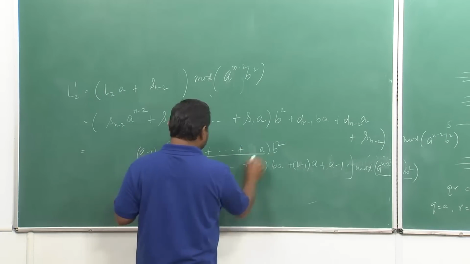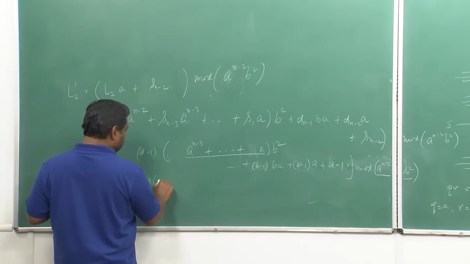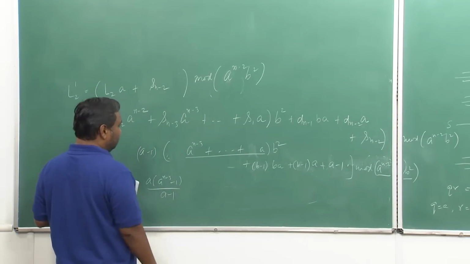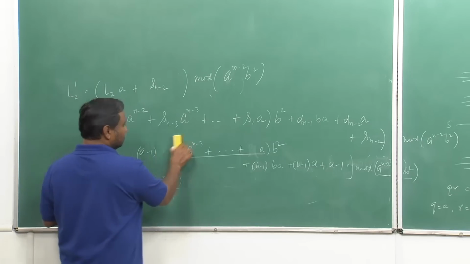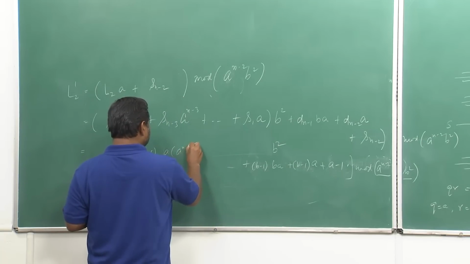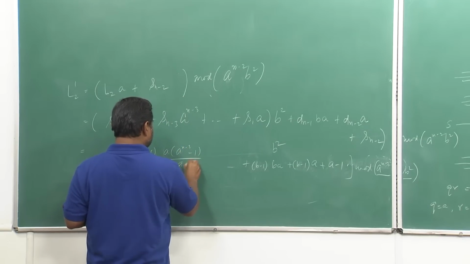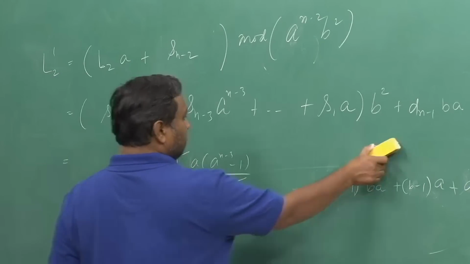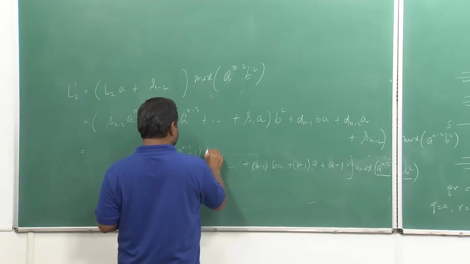So, this can now be written as the first term a, total number of terms n minus 3, minus 1 by a minus 1. So, I can replace, a minus 1 will cancel with this, b square will come here.